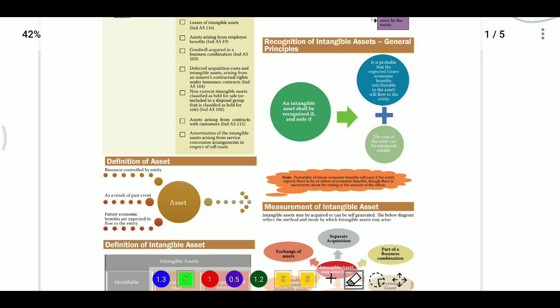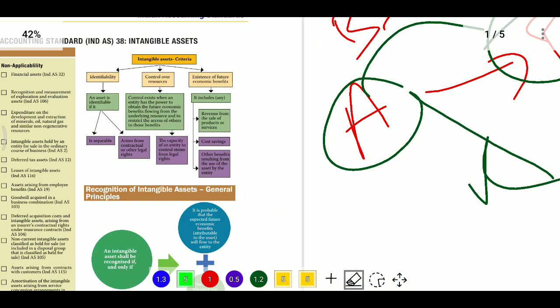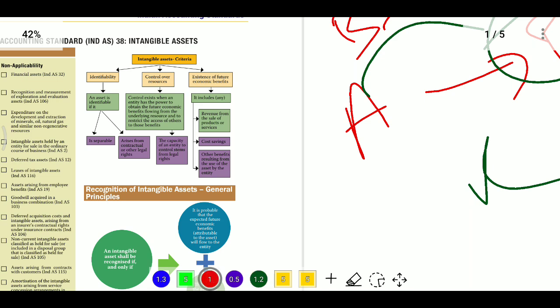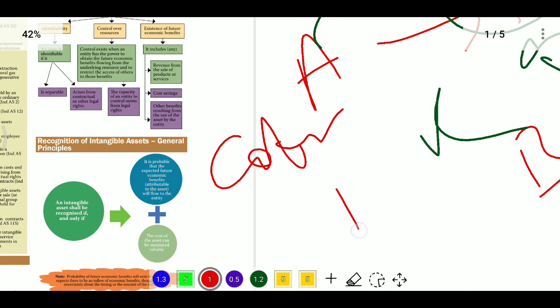Similarly, we pay skilled staff who can resign at any time, so there is no control. Sometimes we take employees under a contract for some period of time. If there are restrictions like the recruited persons having to work for at least some time, then it may be an intangible asset.